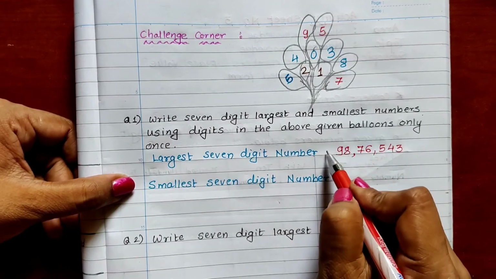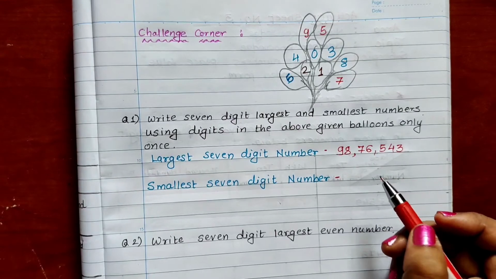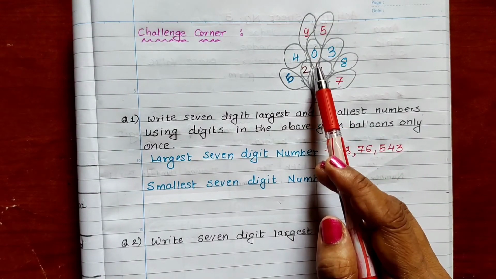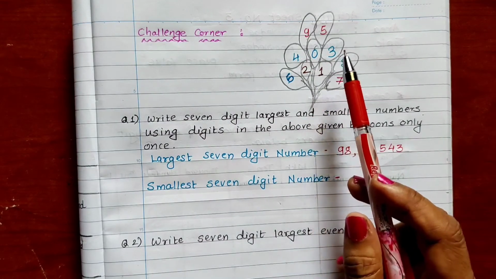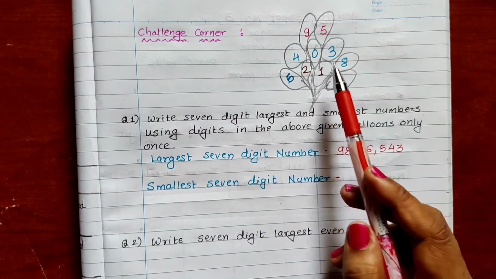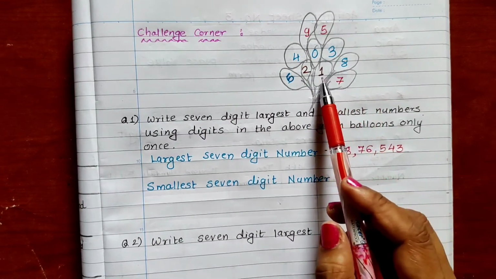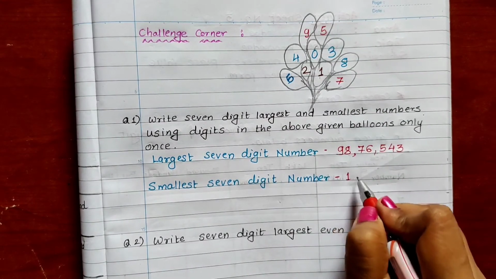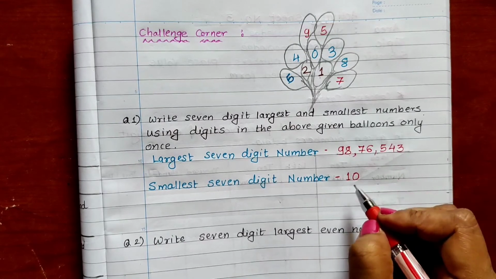Okay. Now for the smallest 7-digit number. We cannot start from 0. If you start from 0, then it cannot be considered a 7-digit number. So we have to start from the number which is a little bigger than 0, the smallest one, which is 1. So we start from 1. After 1 we can write 0. So it can be considered a number.